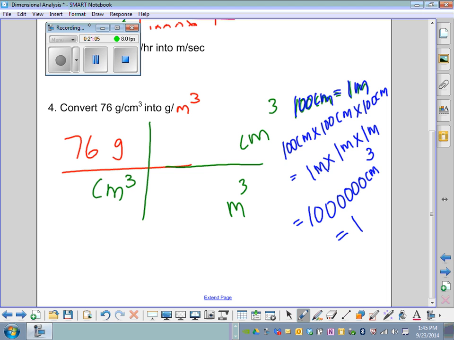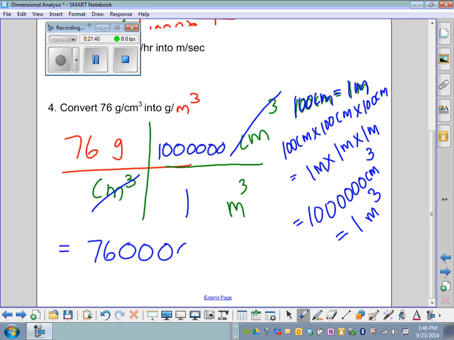Is that right? 1, 2, 3, 4, 5, 6 centimeter cubed equals 1 times 1 times 1 is 1 meter cubed. Do you see how I got the conversion factor between meter cubed units? Do you understand it? So now, if I have to go back and resubstitute my conversion factor, I have 1 followed by how many zeros? 6 zeros is 1 meter cubed.